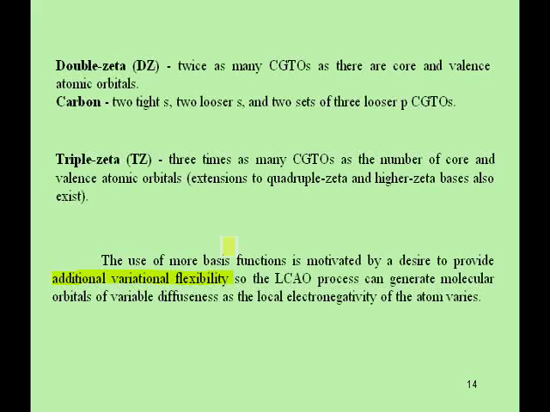Remember, variational process arose because the Hartree-Fock equations, H phi j equal epsilon j phi j, were derived by minimizing an energy. And that variational minimization, one of the ways we can make that energy get lower and lower, is to make the space in which those basis functions, those molecular orbitals, are expanded, more and more flexible, so they can get the energy lower and lower. Okay, so that's why we're doing that.